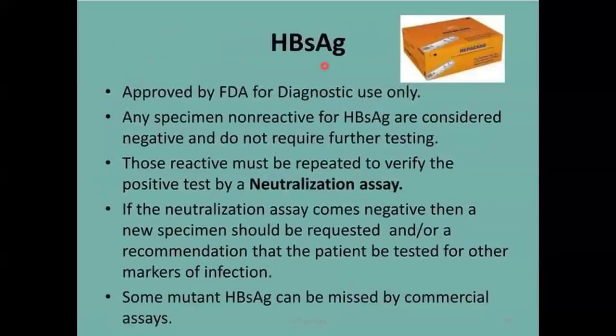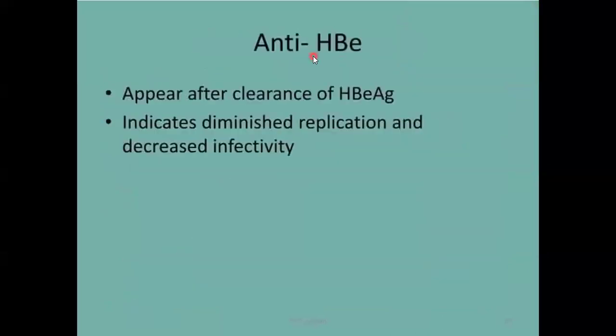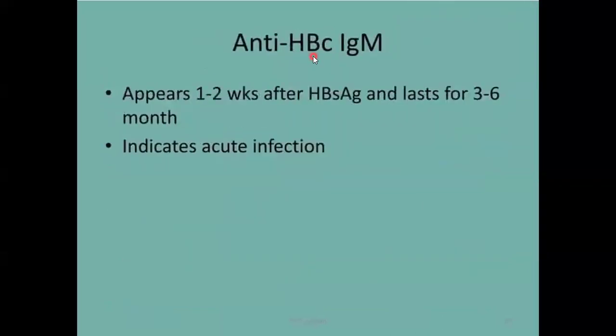What of marker for someone who has been vaccinated? As I said, someone who is vaccinated is injected a recombinant antigen. So if you have been injected an antigen, you expect your body to produce antibodies. So the only marker that will be positive in someone who is vaccinated is hepatitis B surface antigen antibodies. This one.